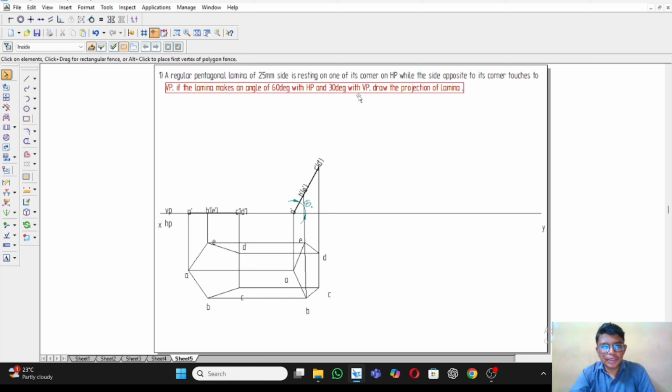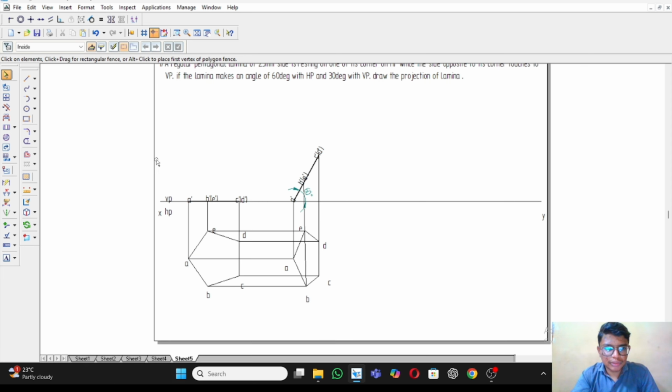Now the third projection is 30 degrees with VP. Now let's complete the third projection. Before going to the third projection, we have to select the diagonal parts. We have to select this, move.